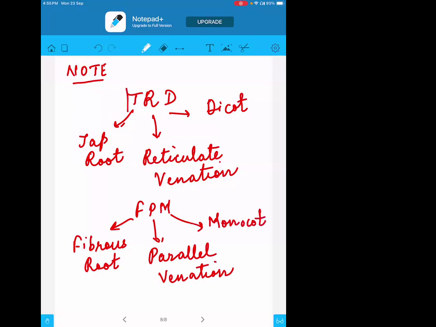So TRD: taproot, reticulate, dicot; fibrous, parallel, and monocot.